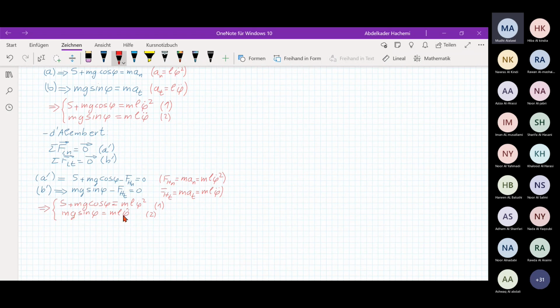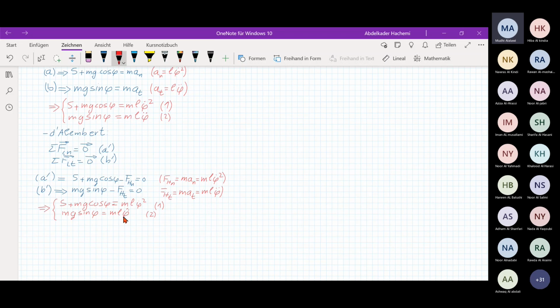Then you always have the choice to use either D'Alembert or Newton. It depends sometimes on the problem. Sometimes it's easy to use Newton, and in other problems it's easier to use D'Alembert.